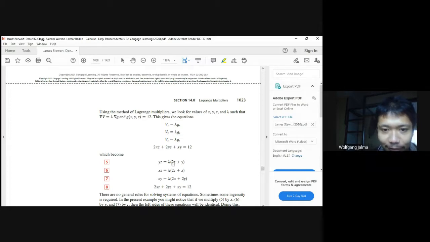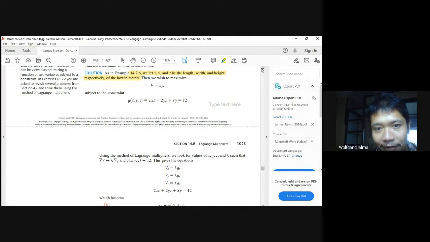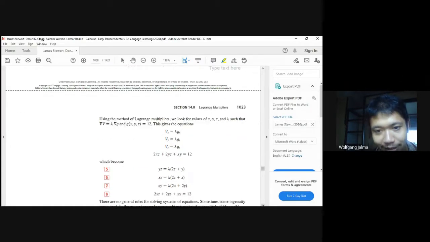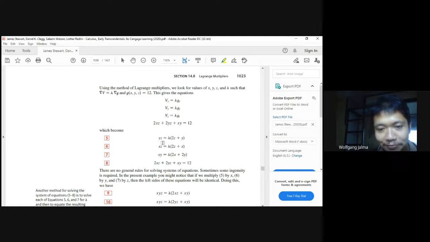From this to this is easy because v is xyz, right? So the derivative to the x is yz, to the y is xz, to the z is xy, and the right side is also similar. The derivative of this part, well, you know how to do it.